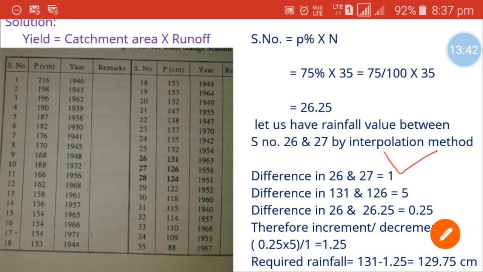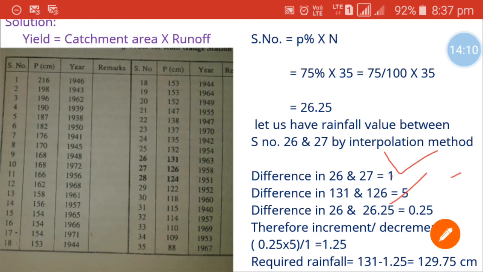Similarly, for the corresponding precipitation values 131 and 126, we find the difference between these two, and that is equal to 5. Similarly, we find the difference between the required serial number, that is 26.25, and the first serial number, that is 26.